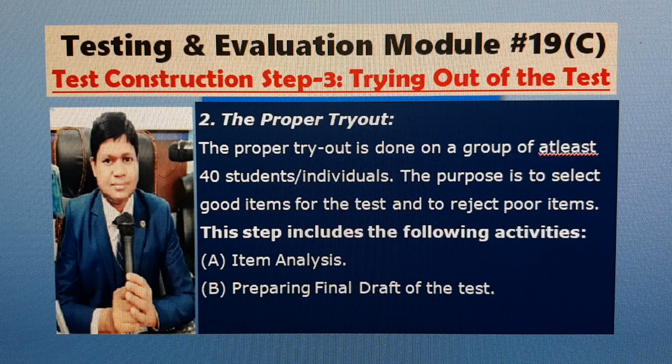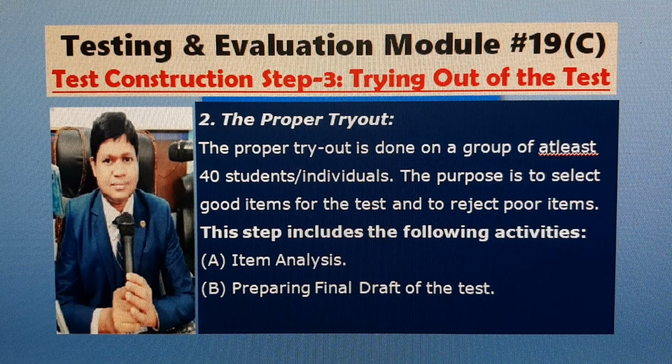The item analysis procedure follows the following steps. Number 1, the test papers should be arranged from highest to lowest score. 2. Select 27% test papers from highest and 27% from lowest end. For example, if test is administered on 120 students, then select 32 test papers from highest and 32 test papers from the lowest end. 3.